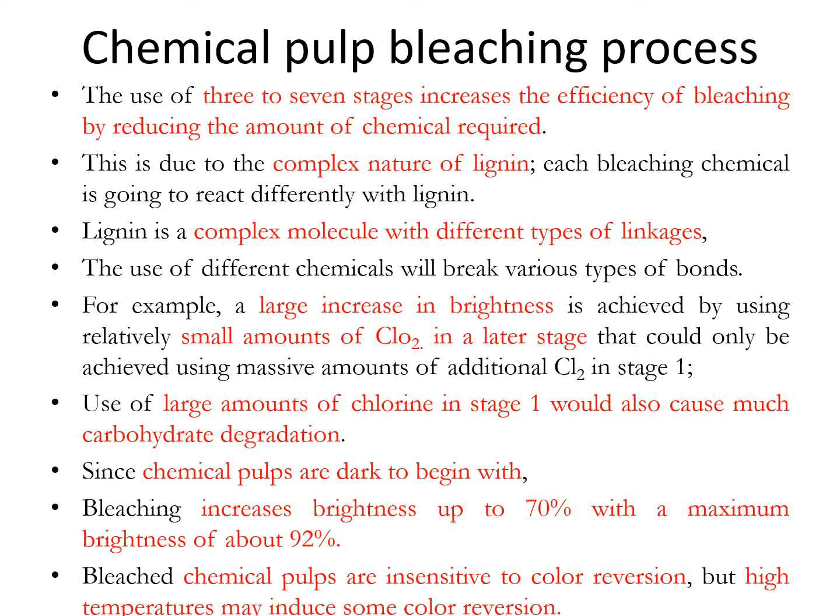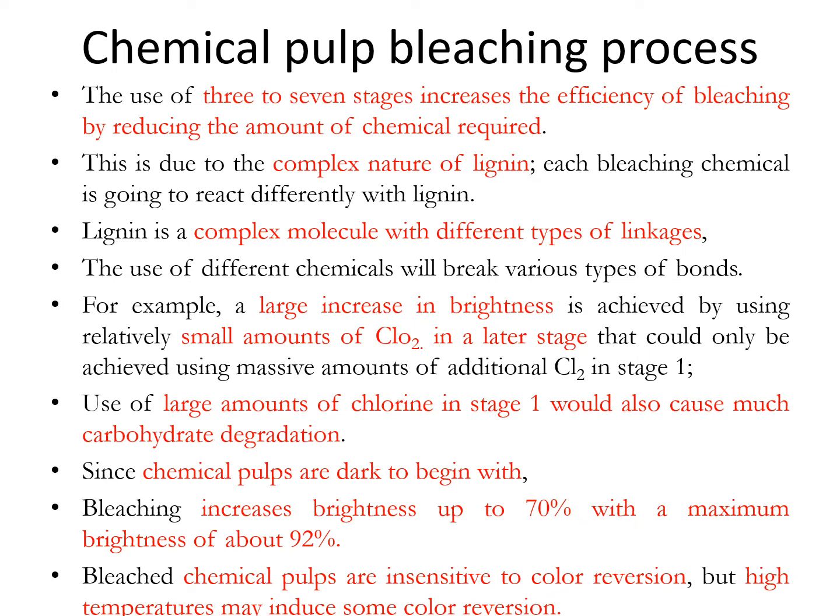And if you use a large amount of Cl2 in stage 1, what will happen? It would cause much carbohydrate degradation in the very first stage. In chemical pulping, the brightness you can achieve is up to 70 to 92% according to the stages you have selected.